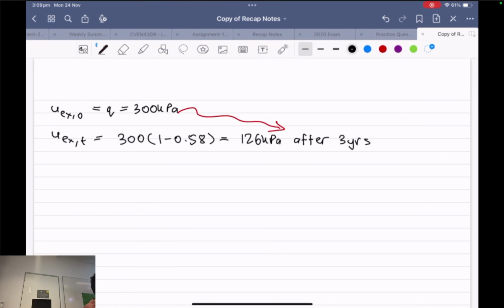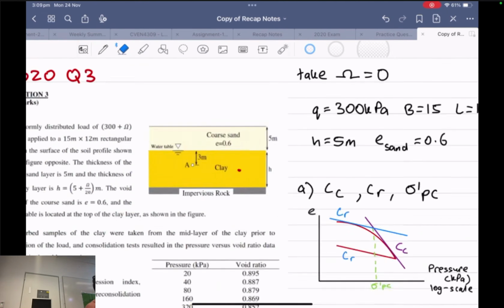Right, so that means u total, because the question asks you for total pore water pressure, is equal to the excess plus the initial, right? Excess we know is 126. What's the initial pore water pressure? How do we find that in this clay layer?